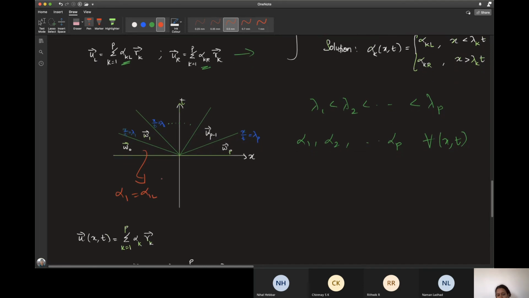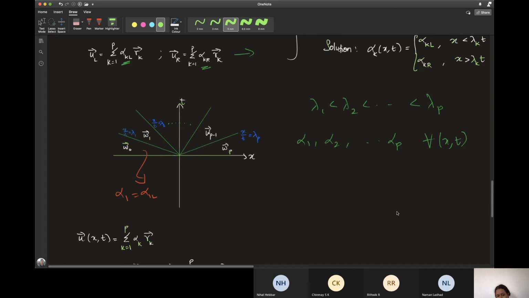Everything is alpha 1L in this whole region, which is to the left for each of these characteristics. For all of the characteristics, any point in this region will fall to the left for each of the P characteristics.